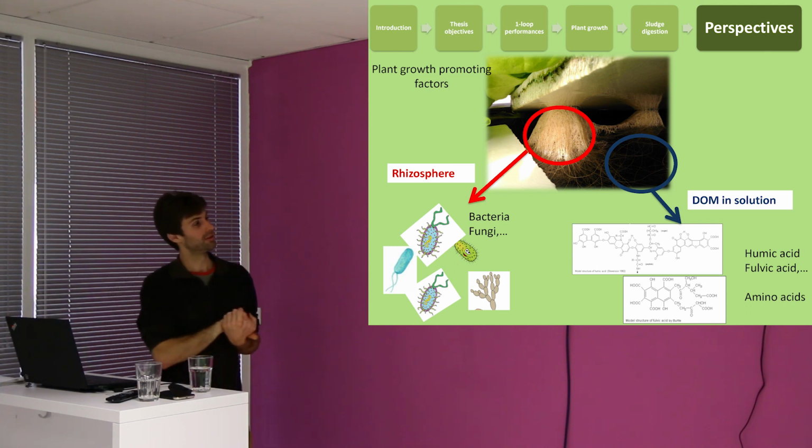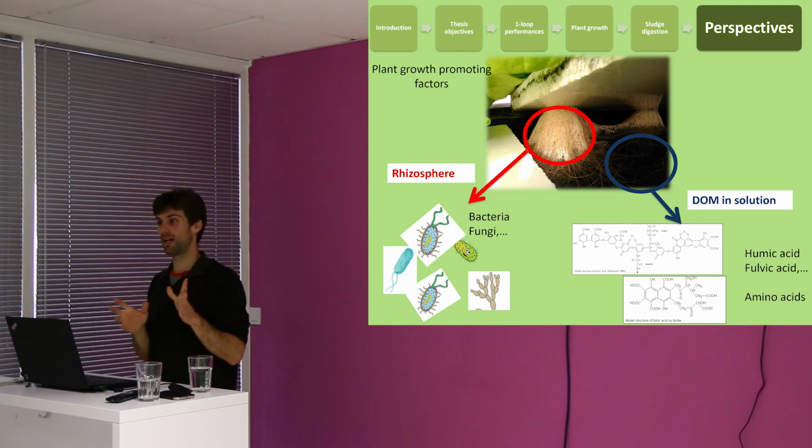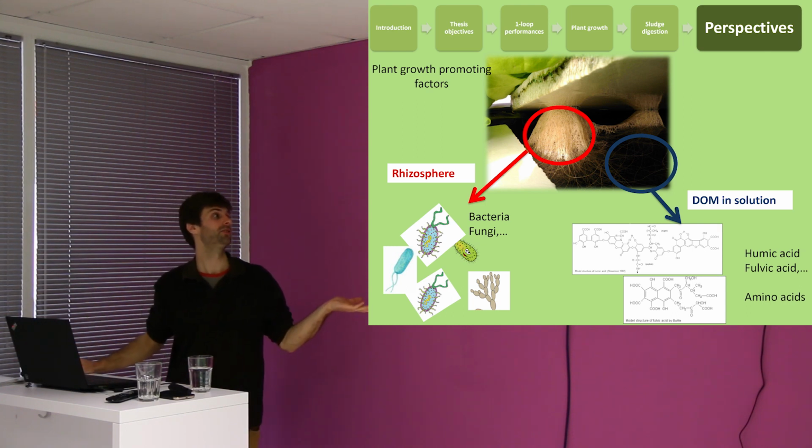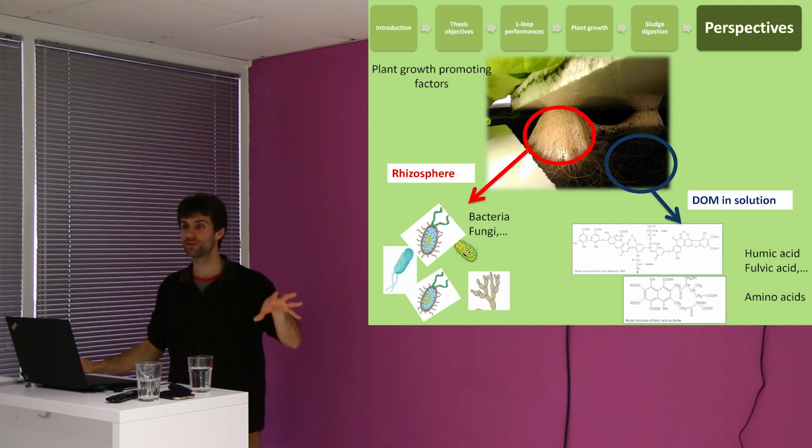There are two factors that might be able to promote the growth and increase this root mass. This is the rhizospheres, the microorganism present in the water that might promote the growth, and the dissolved organic matter.